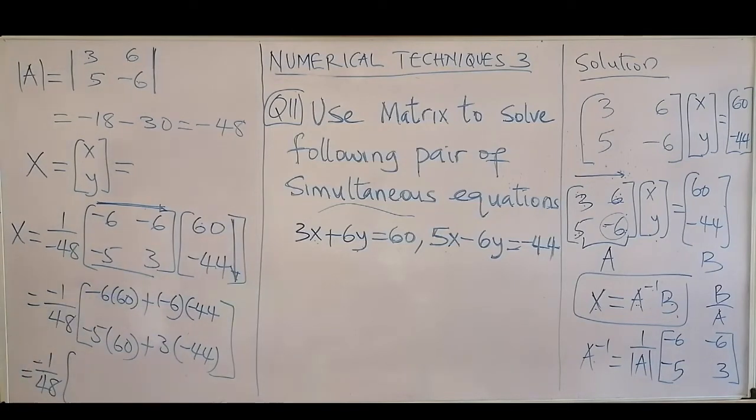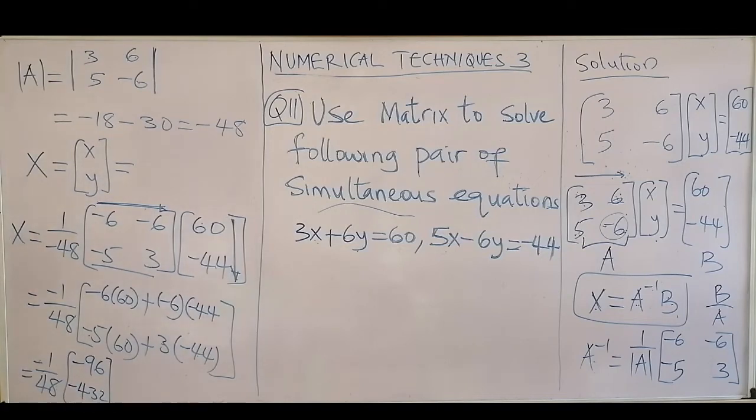Minus 6 times 60 is minus 360, plus 6 times 44, that's minus 96. Then the second one, minus 5 times 60 is minus 300, and 3 times minus 44 is minus 132, that's minus 432.